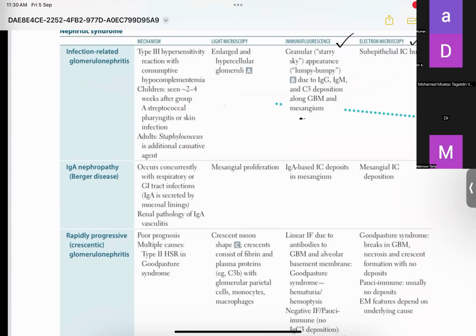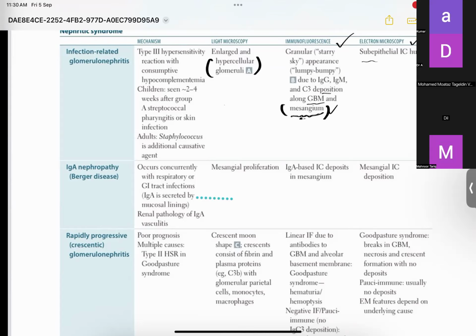What else we have discussed is that hypercellularity is present over here, and deposition along the subepithelial GBM. In previous First Aids the mesangium is not mentioned, but they have given it in the mesangium also, okay?